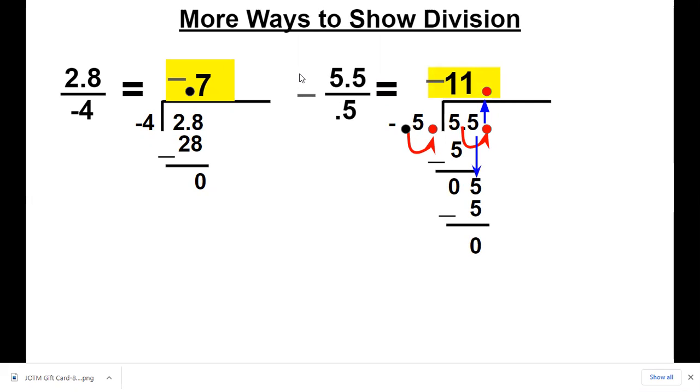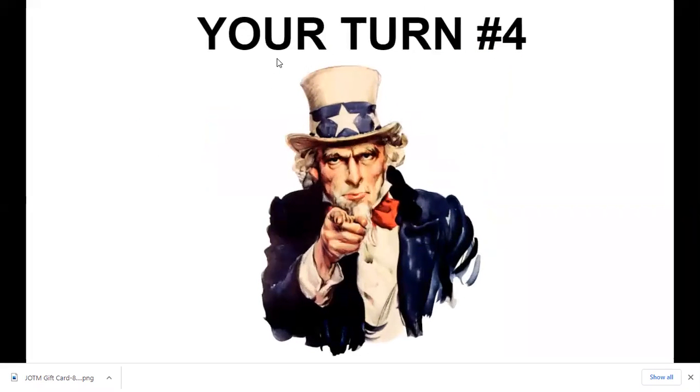It's really negative 11. So if you have a whole number, you can drop the point. Because when we talk about numbers, you don't count like 1 point, 2 point, 3 point, 4 point. We just say 1, 2, 3, 4. So this answer is negative 11. Okay, you get to try one of these or two. See you back in a minute.